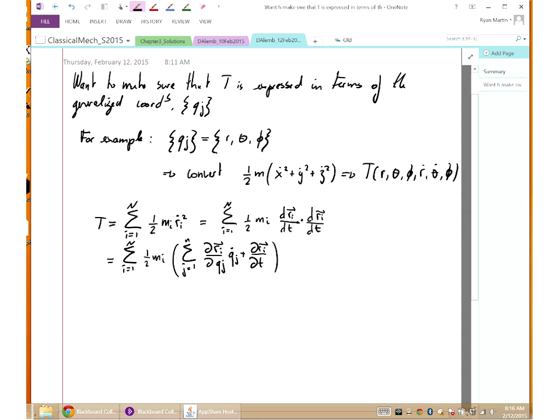And then I rewrite the second term, so that was the first dr_i by dt. The second dr_i by dt looks exactly the same, but of course it needs to be a sum over a different index. So let's sum from k equals 1 to lowercase n, and then it's the same formula, ∂r_i by ∂q_k, q_k dot, plus ∂r_i by ∂t.